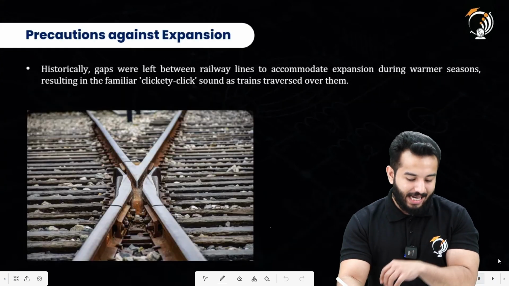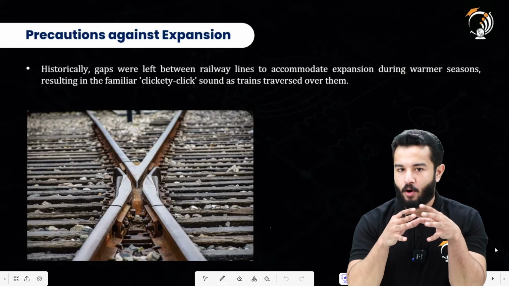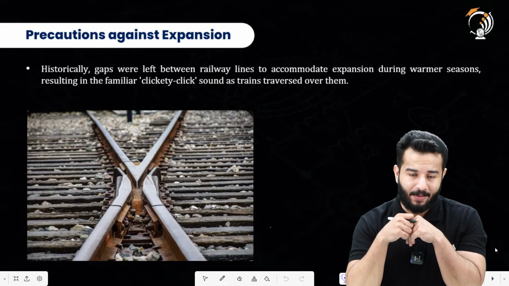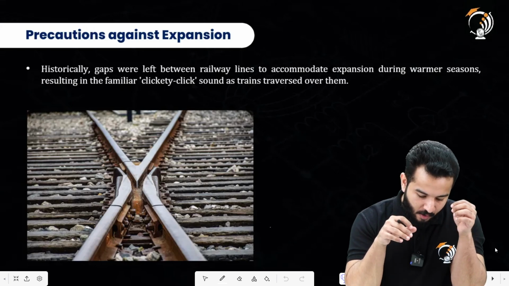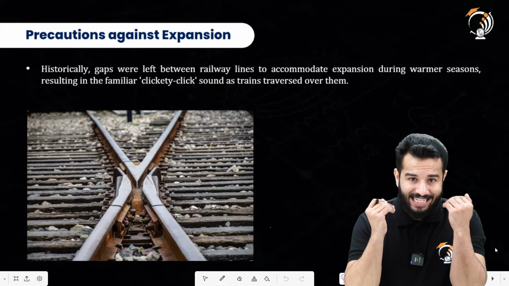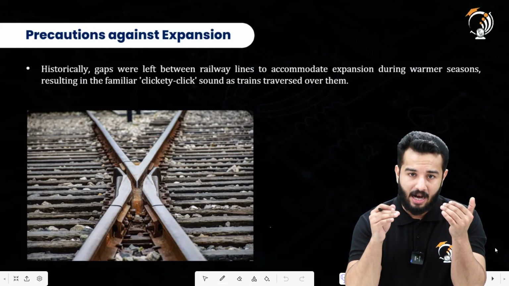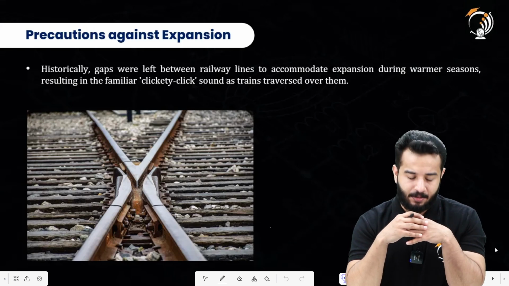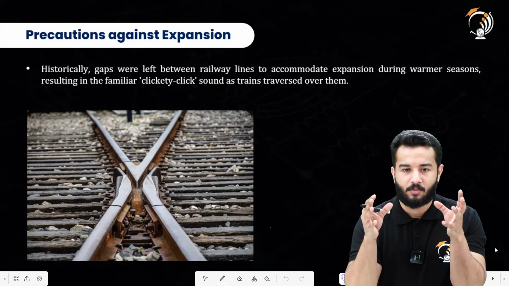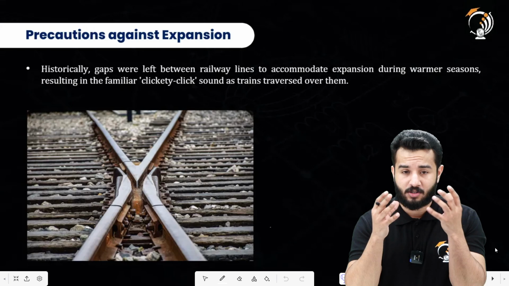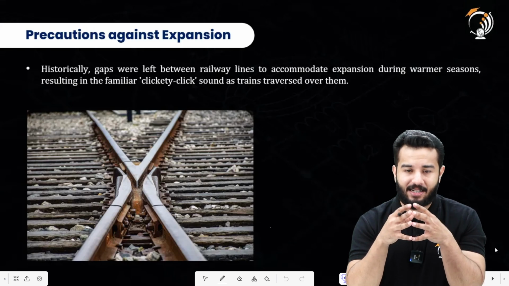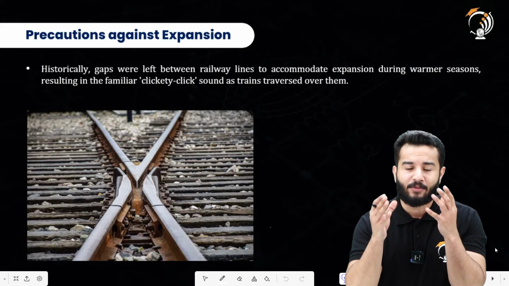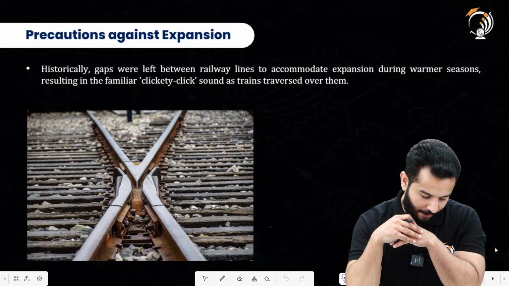Moving on, there is also a very important use of thermal expansion as a precautionary step. Whenever railway tracks are laid down, there is a sufficient amount of space between the tracks, and the reason is that during summers we expect that the iron rail track is going to expand, and we need to leave some space for that.